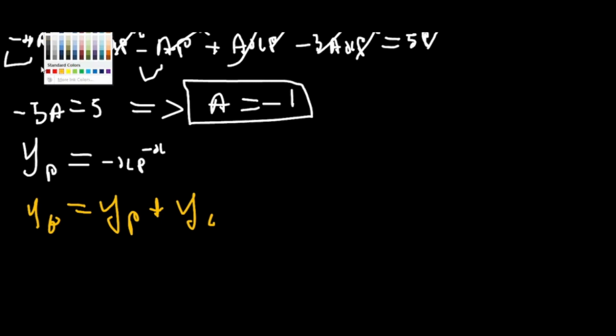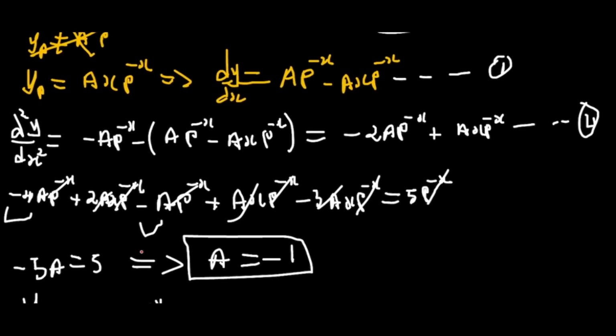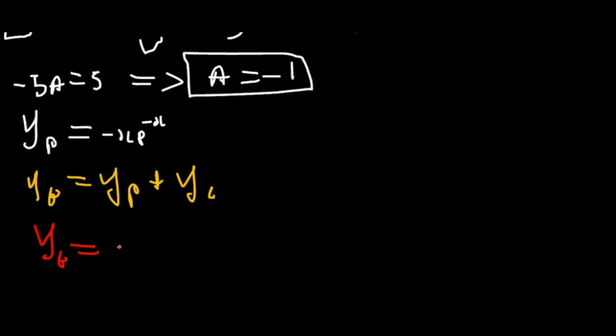When we substitute our value, we get y general equals our particular solution, minus x e to the minus x.